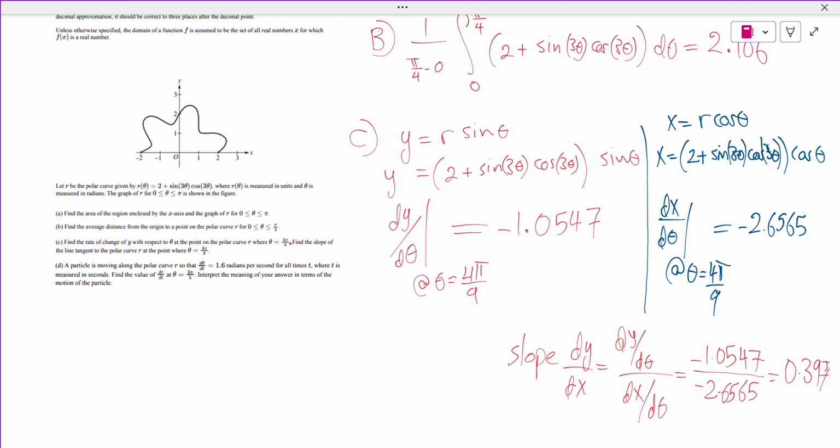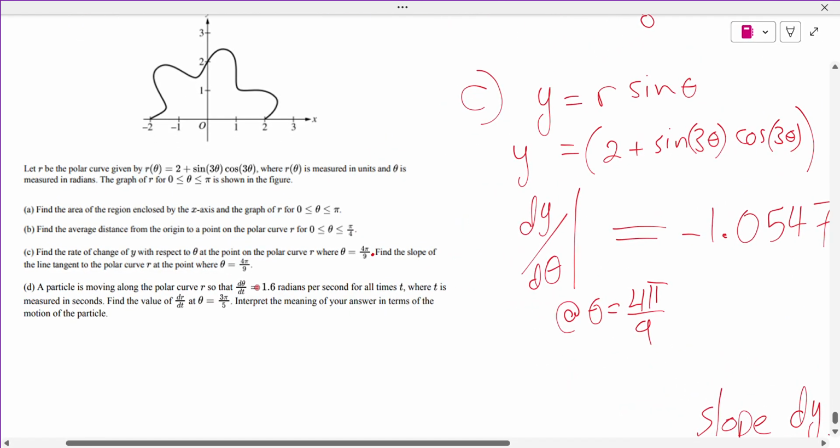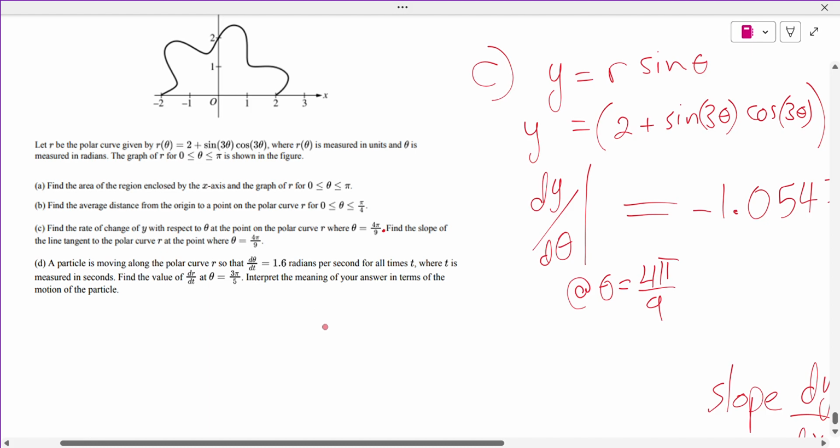So what about part D? It says a particle is moving along the polar curve r so that d theta over dt equals 1.6 radians per second, where t is measured in seconds. Find the value of dr over dt at theta equals 3 pi over 5. Interpret the meaning of your answer in terms of the motion of the particle. So, what do we do here? We need to find dr over dt.